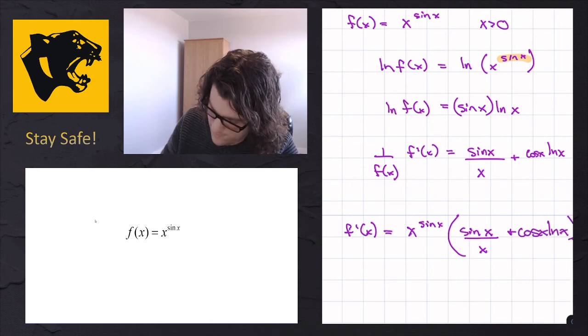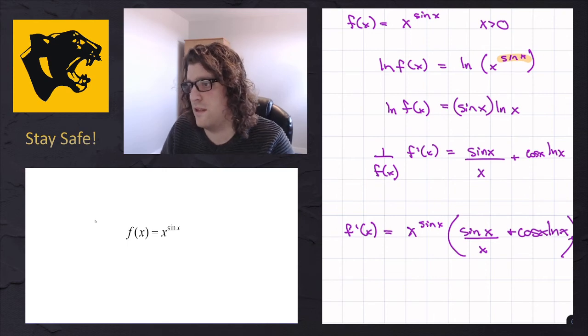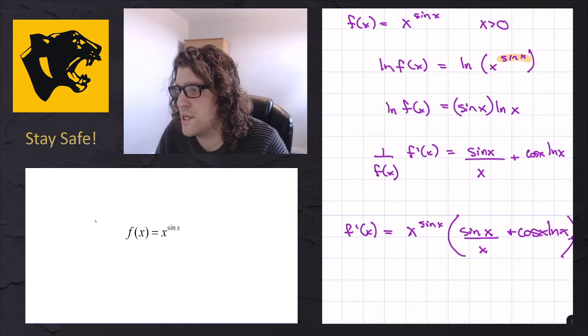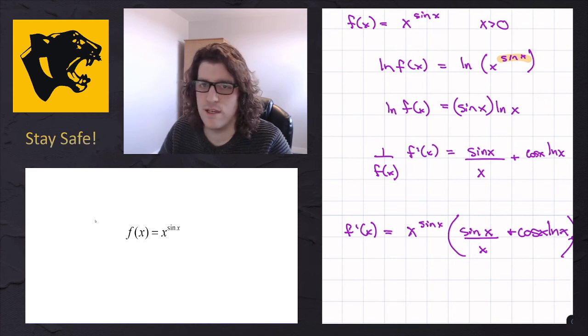All right, so it's a little bit messier, but this allowed us to actually find the derivative of something that has a variable in both the base and the exponent.